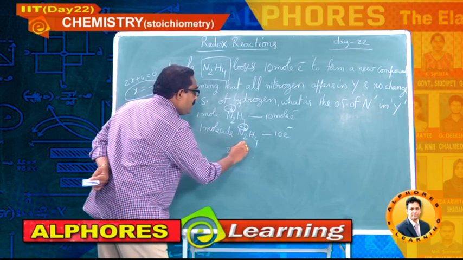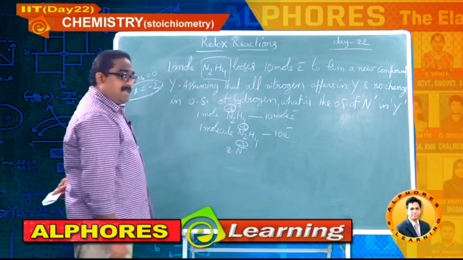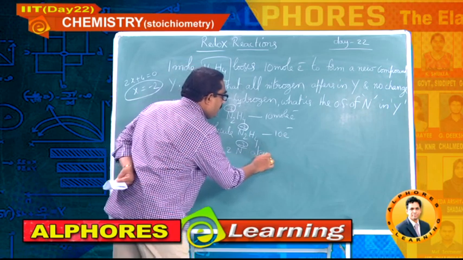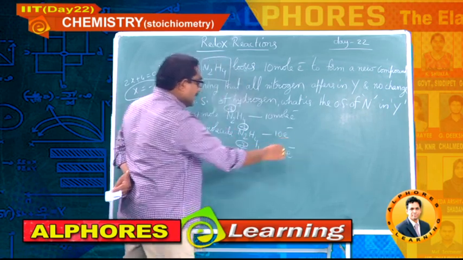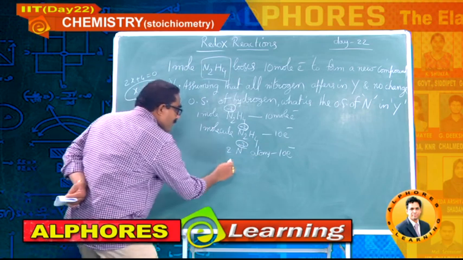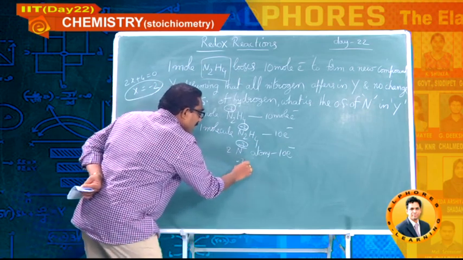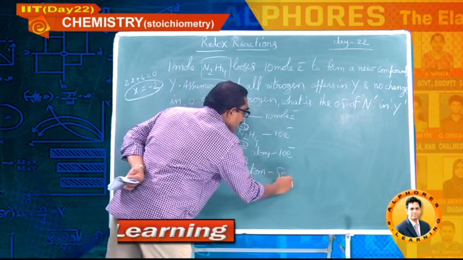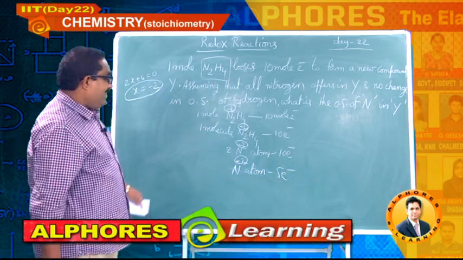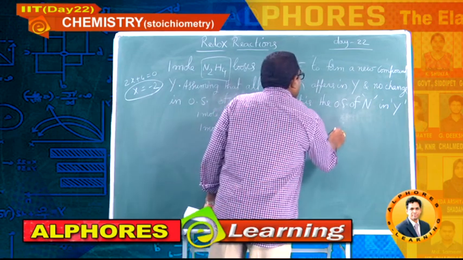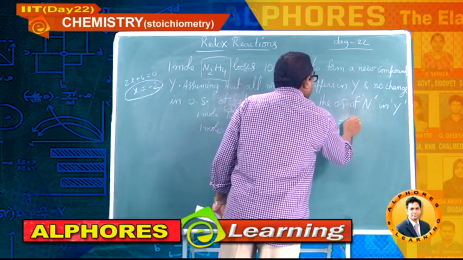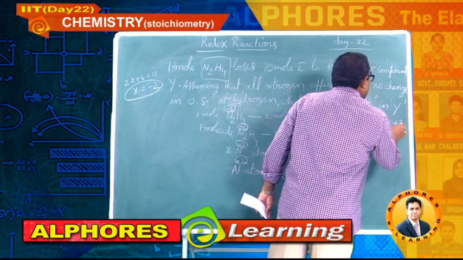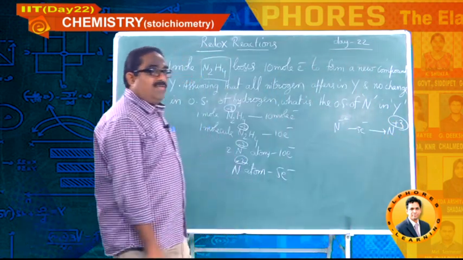For both the nitrogen atoms I have already told you oxidation state is -2. Both atoms lose 10 electrons, so divide by 2. 1 nitrogen atom loses 5 electrons. So it will get +3 oxidation state.